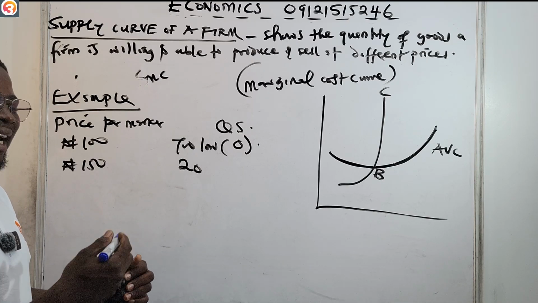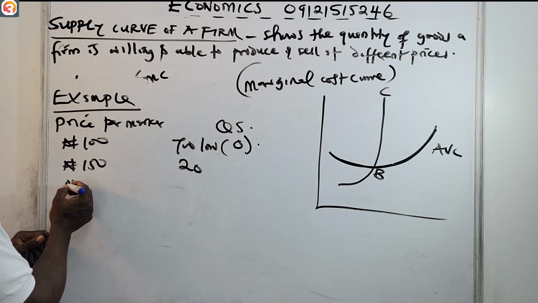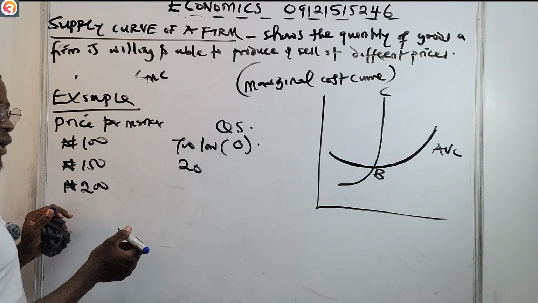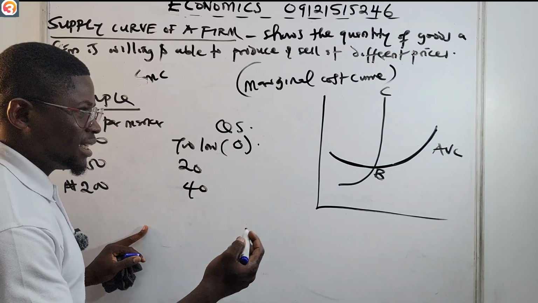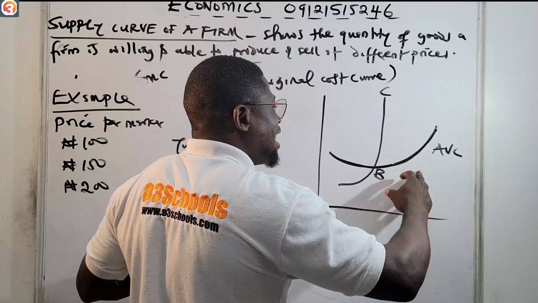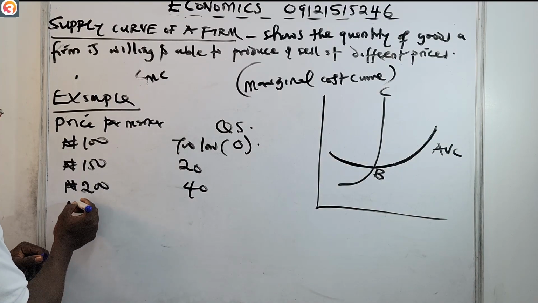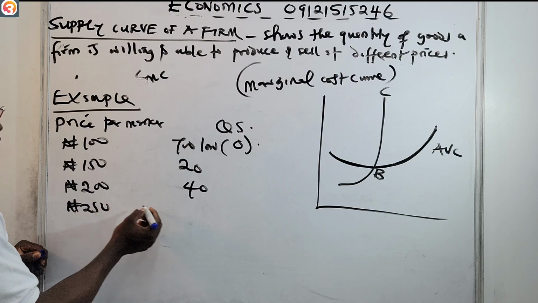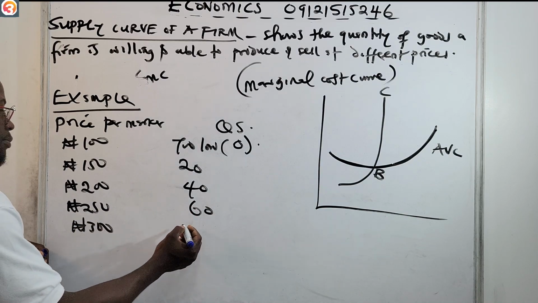When the price goes to 200 naira, let's say they produce 40, because they can cover some average variable cost and also some fixed cost. When the price goes to 250, let's say they produce 60. When it goes to 300, they produce 80.